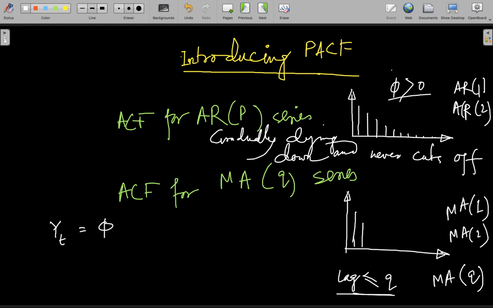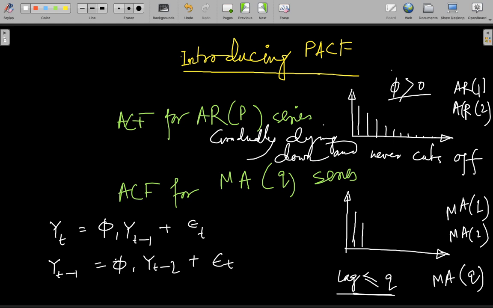We can write AR(2) or AR(3) series, but that will make things a little more complex. Now, if we substitute the value of y(t-1), we get phi 1 times y(t-2) plus e(t), and things like that.